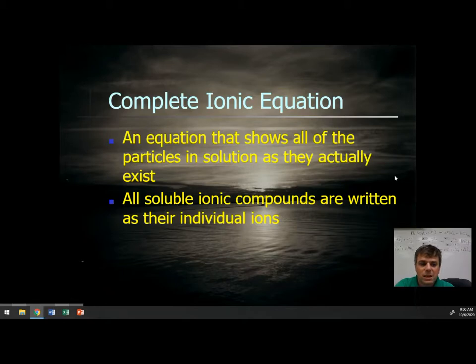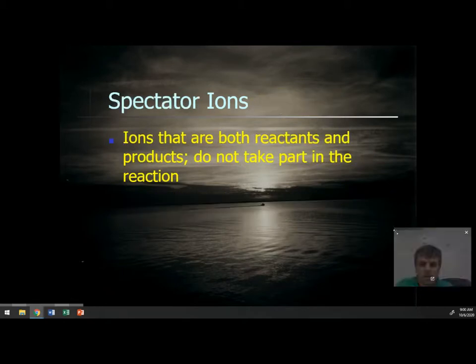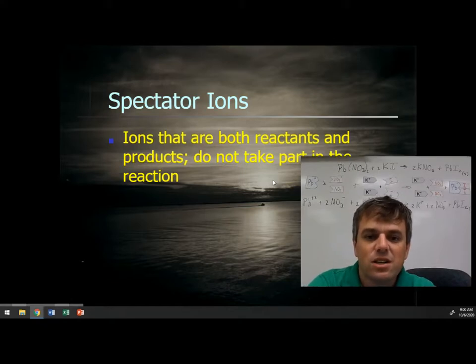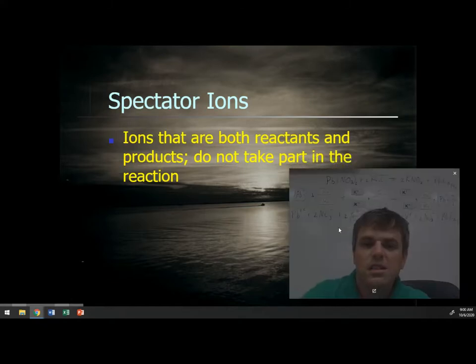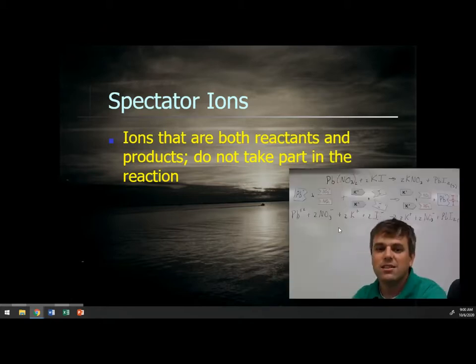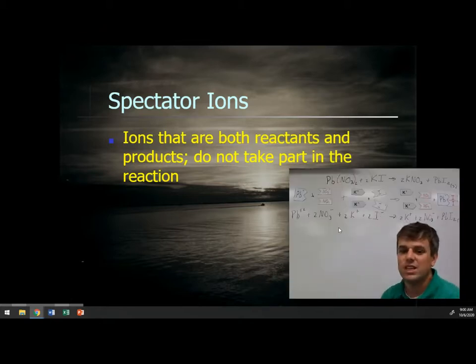We pretty much never write these because of these things called spectator ions. Spectator ions are ions that essentially just watch, kind of like at an athletic event, spectators sit in the stands and watch. They generally don't go down onto the field or the court and participate in the game. That's a quick way to get kicked out of the game or arrested.